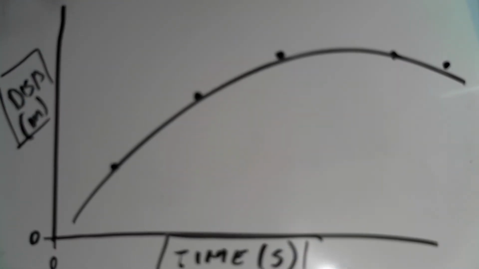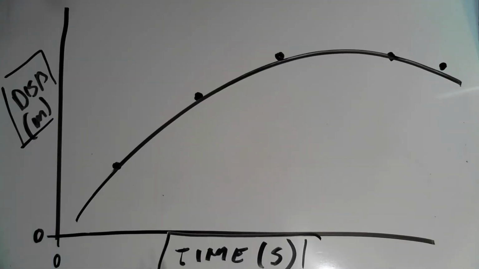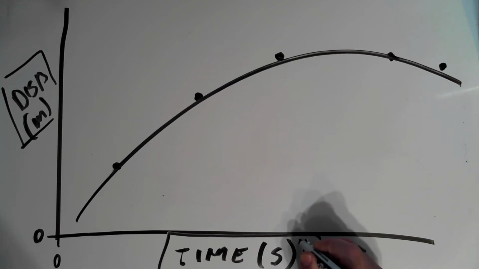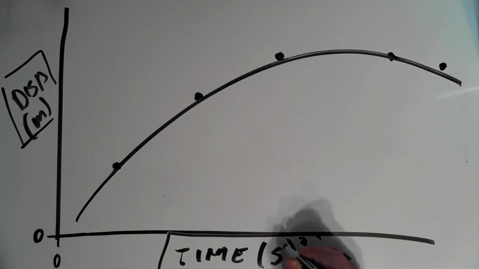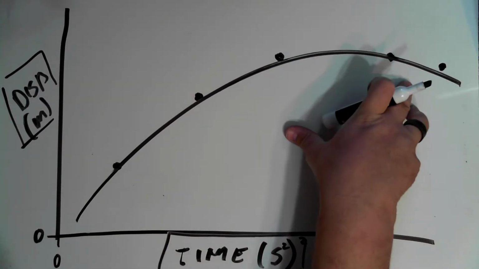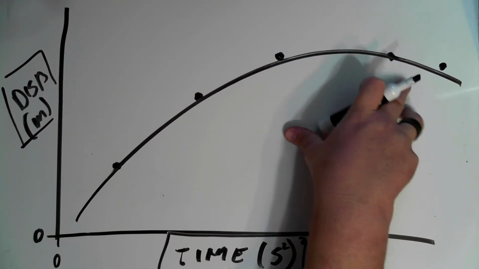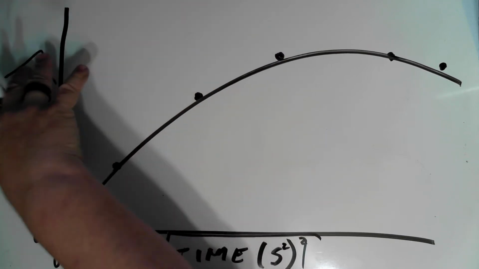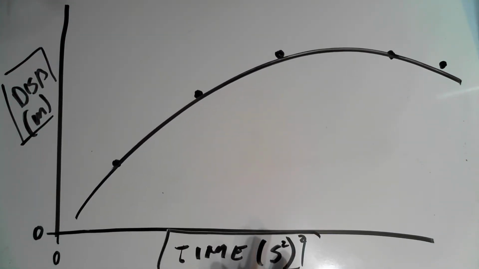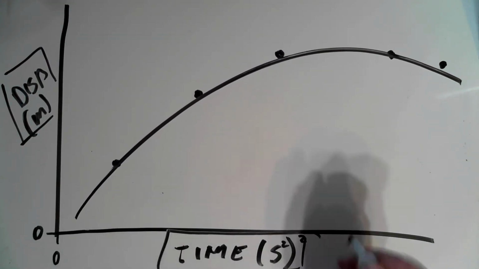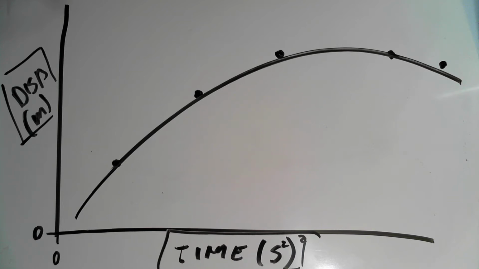And I know in this experiment that what I would want to do instead of this, I would want this to be with respect to time squared. That is me linearizing my data, to take a non-linear fit and turn it into a linear fit by adjusting what I'm plotting. Yeah, this graph would not work.